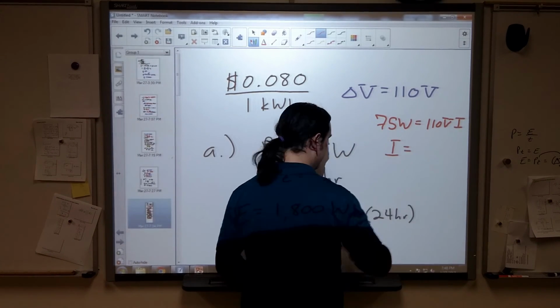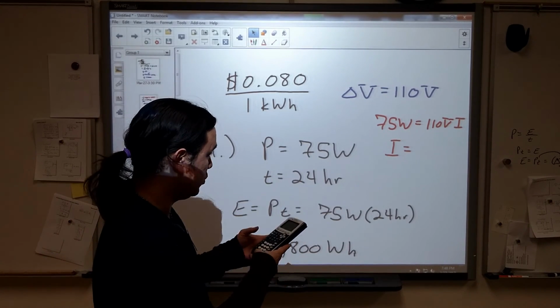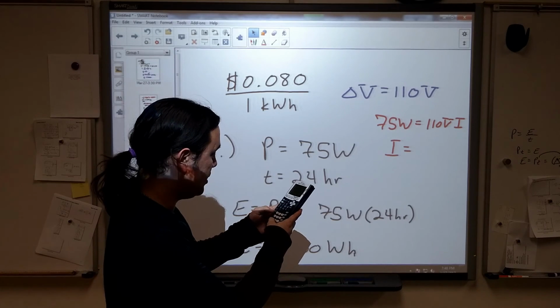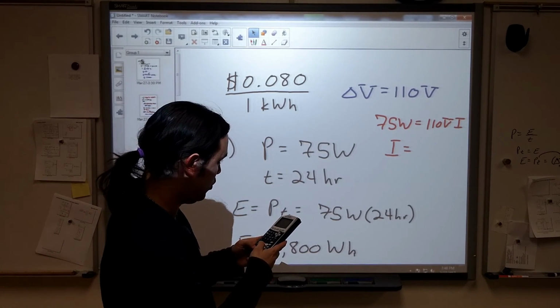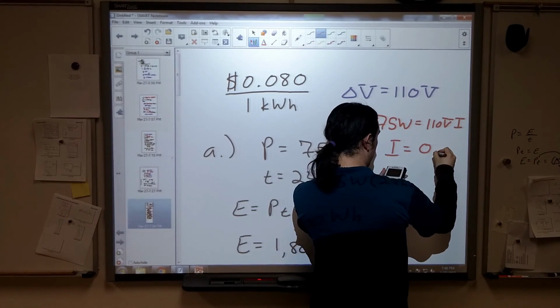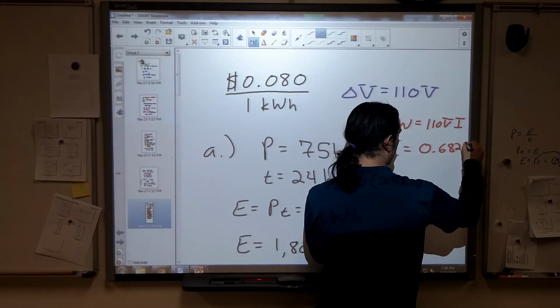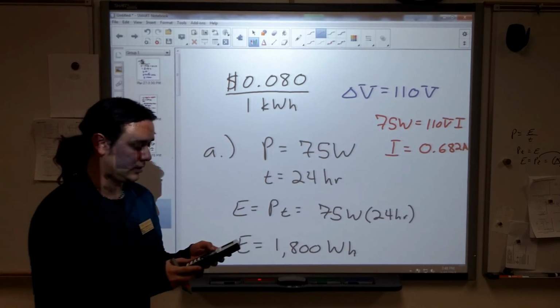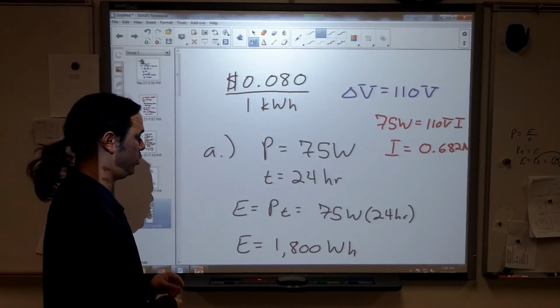The actual current that it draws, I can solve for that, one of the other things that we didn't specifically look for outright, but 75 watts divided by 110, and we end up with the stereo pulls 0.682 amp, at least to three significant figures. You're not asked for that, but while we're playing around with some of this, I thought I'd point that out.